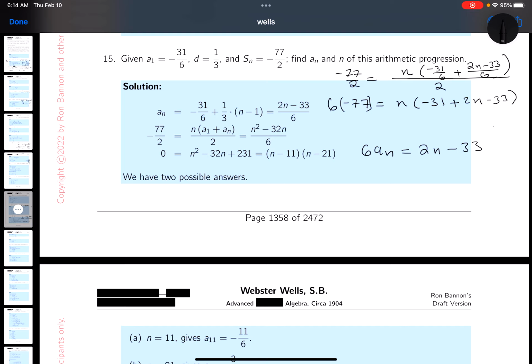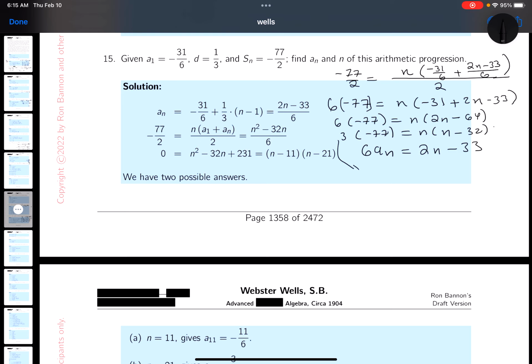Let's keep going. I'm not going to do too much multiplying initially. I'm going to see if I can get something simpler than this. And you would get N times 2N minus 64. Well, I'm going to divide both sides by 2 now, and I get 3 times minus 77. I'm always looking to make my arithmetic easier. And this is going to be N times N minus 32.